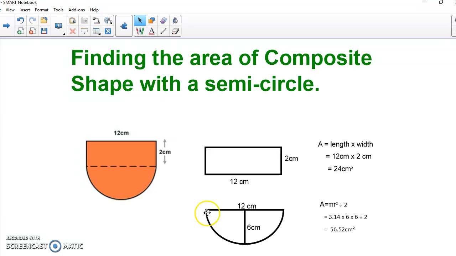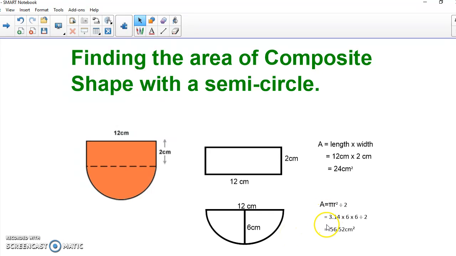So this is the diameter of the circle. Now we have an imaginary full circle right here. To find the area, we would not use 12 because 12 is the diameter. So we have to find half the diameter, and half of 12 is 6, so we're going to use 6 to find the area of the circle.